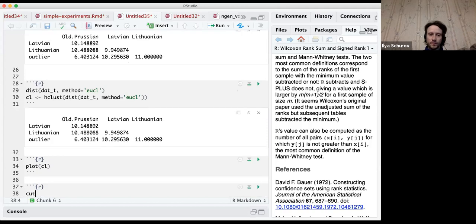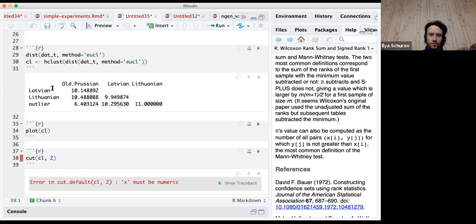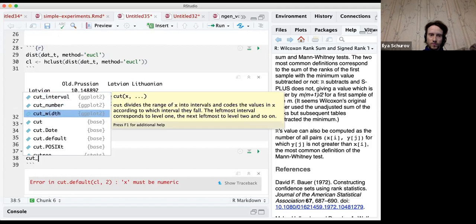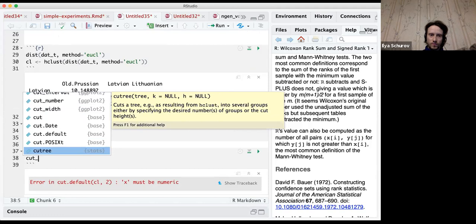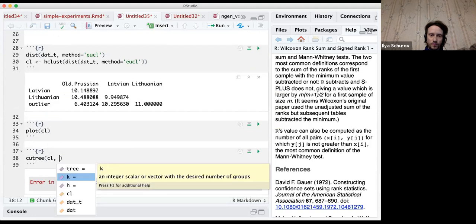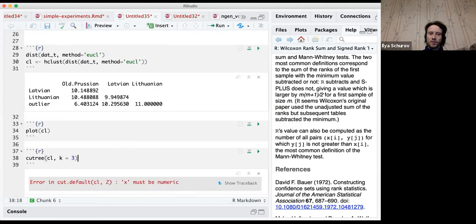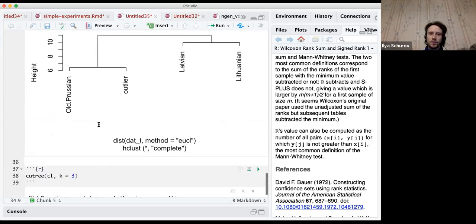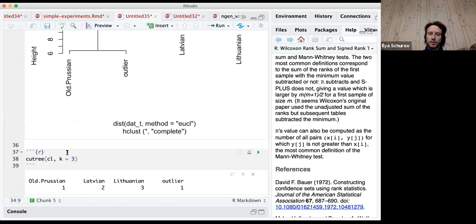We can use this function to cut the dendrogram at some level such that I will get the desired number of clusters.